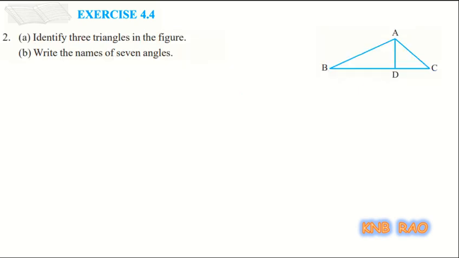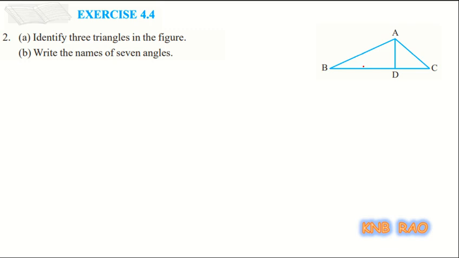Now coming to question number 2. It contains a triangle already given. Students, this is a triangle ABC. In this triangle ABC, from the vertex A, they drew a line segment so that its endpoint lies on BC. Now this AD divides triangle ABC into two parts.